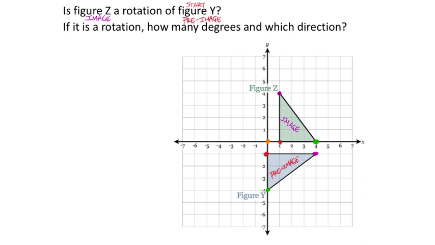So I get this line here in blue, and then this line right here in blue as well. And we can see that that has to be a 90-degree angle. You can see this is like a larger right angle mark if you were to look at the grid as well.